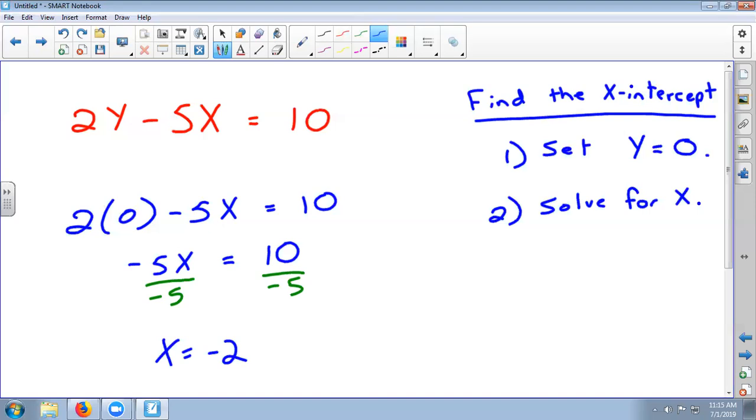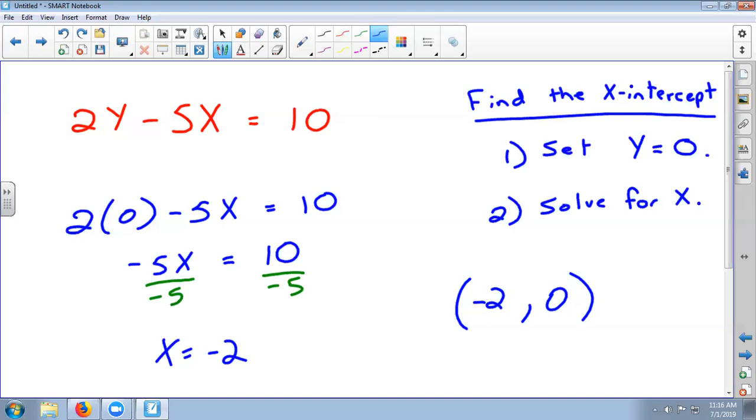The x-intercept is a single point. The x value is -2. What's the y value? 0. So when I ask for the x-intercept, it needs to be written as (-2, 0) in ordered pair form. That is extremely important. (-2, 0) is the x-intercept.